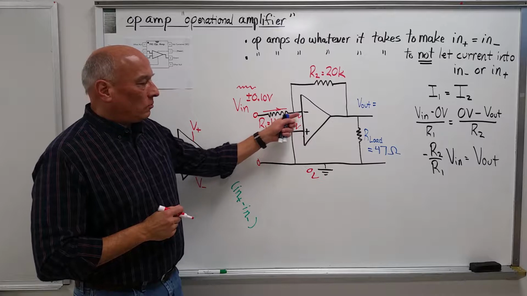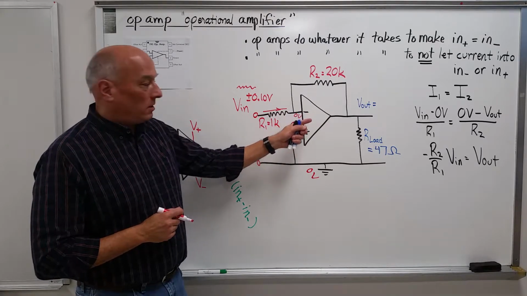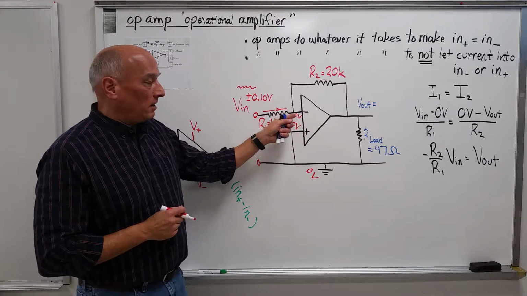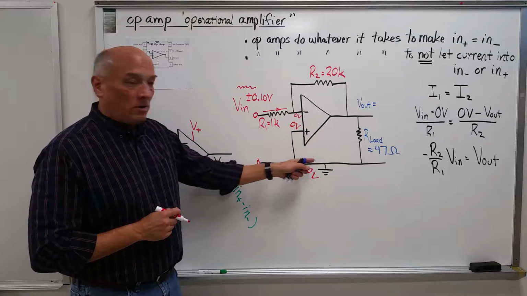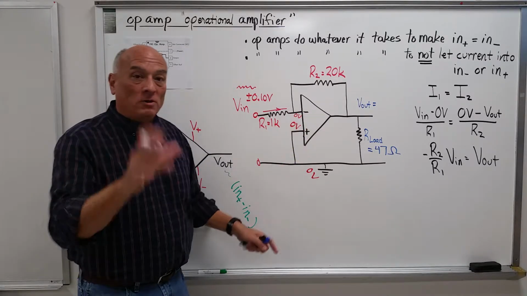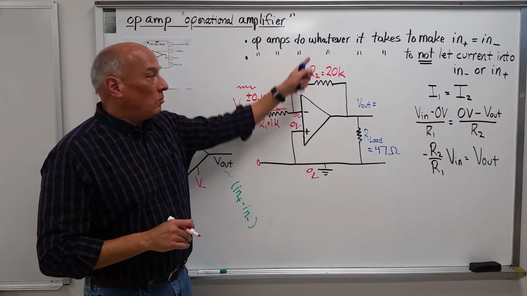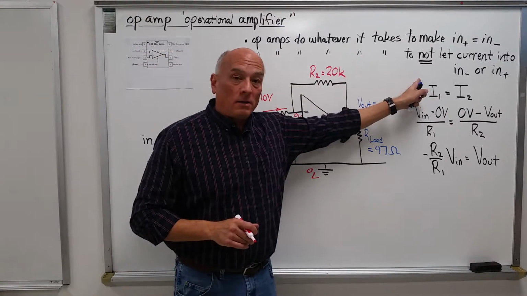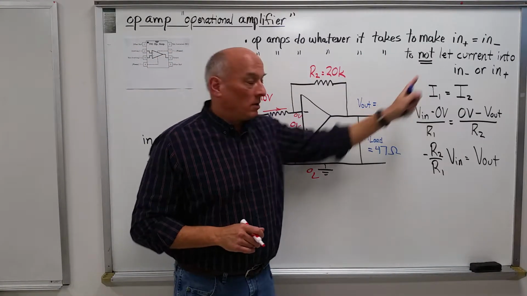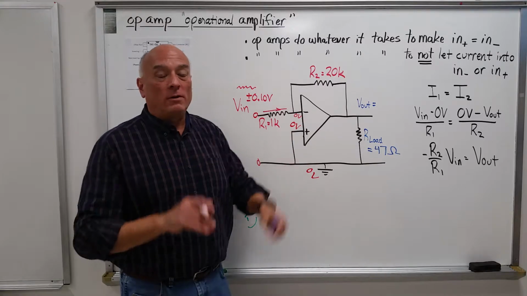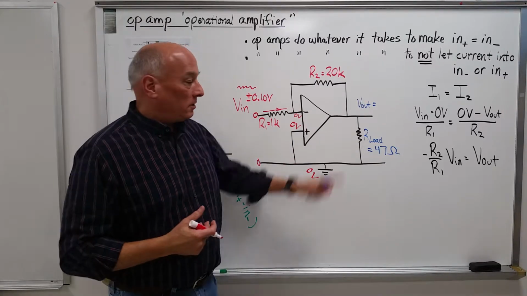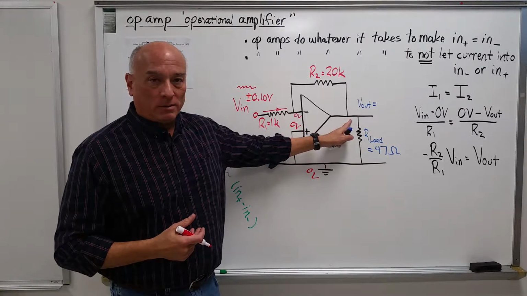Well, the current would like to go into the op-amp because, if the current goes from high to low, then maybe the current says, I'm going to go to ground, and the op-amp goes, no. The op-amp will do whatever it takes to not let any current into that input. No how, no way. And it does this by adjusting the output voltage.